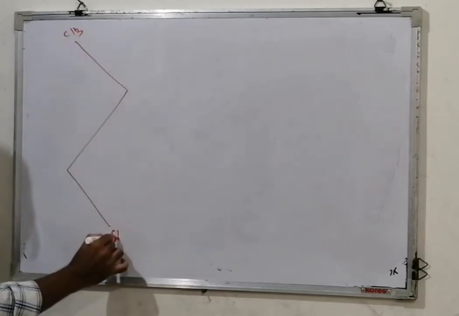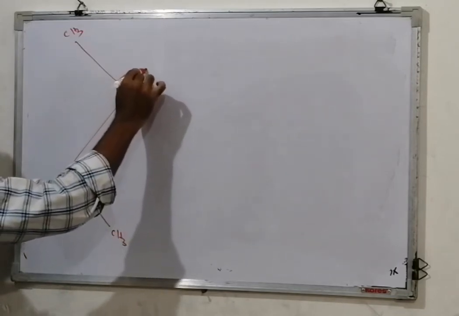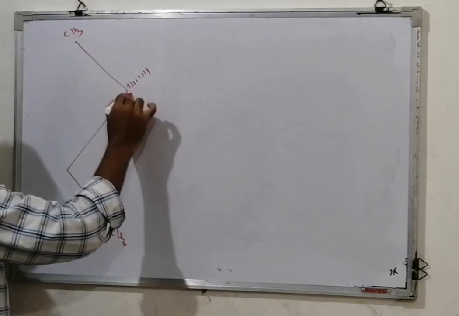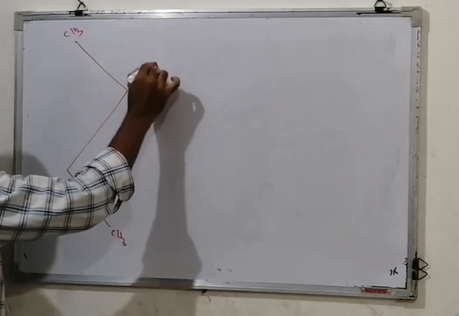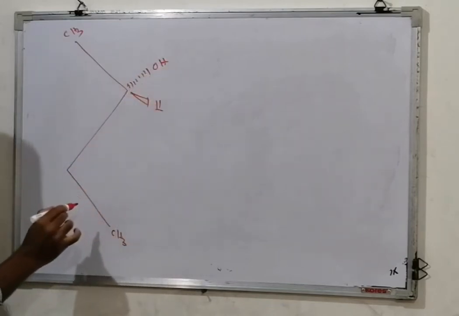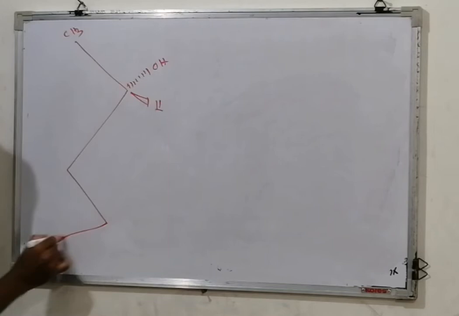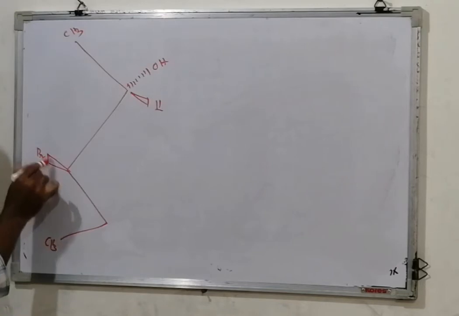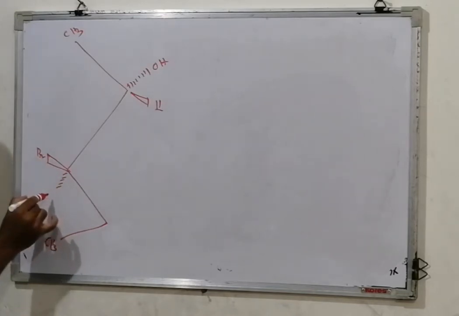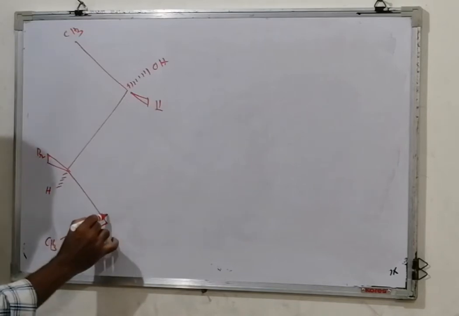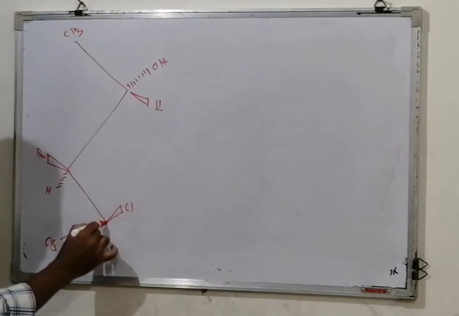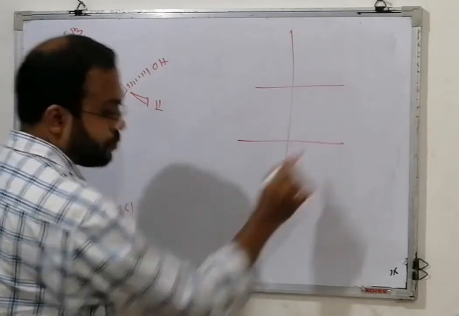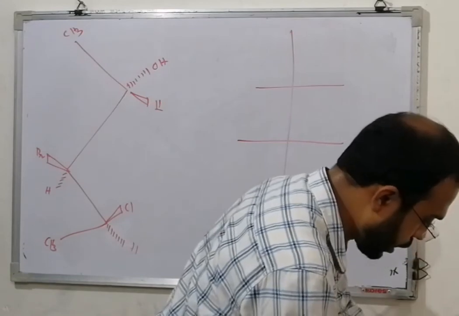CH3, CH3, OH, H, I'm sorry, CH3, Br, H, Cl, H. We have three chiral centers.